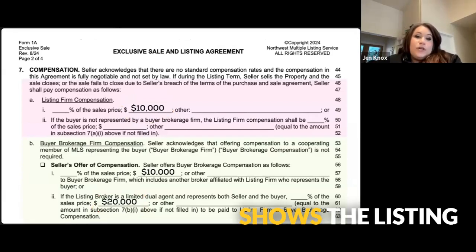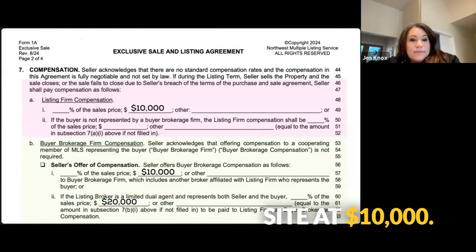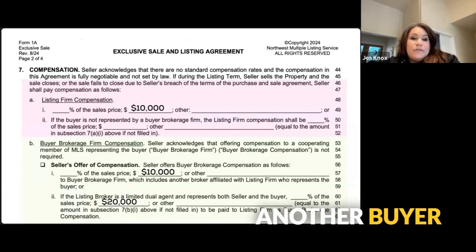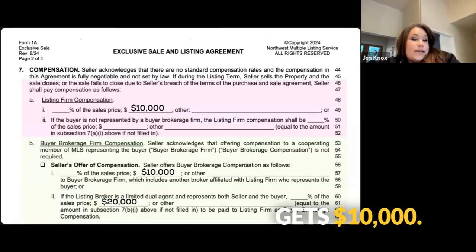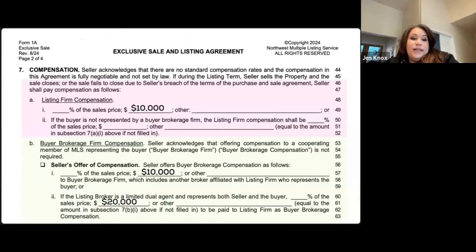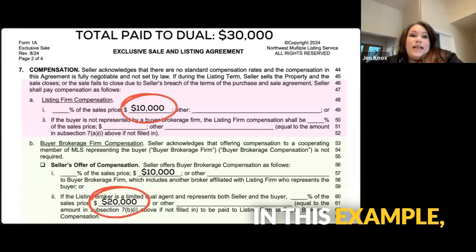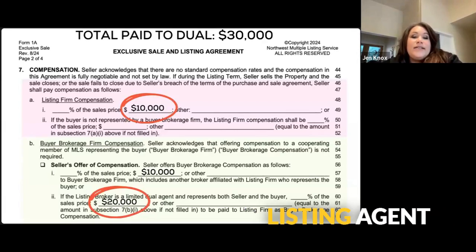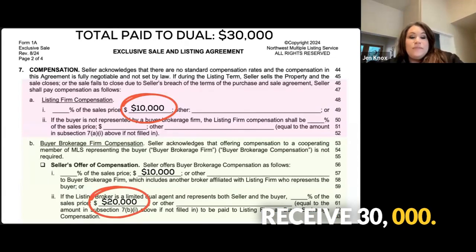This example shows the listing side at $10,000. If a buyer broker brings another agent or another buyer through, that buyer broker gets $10,000. But if the listing broker finds a buyer, they're asking for $20,000 more. In this example, with those numbers written in the places that they are, that listing agent acting as a dual agent would receive $30,000.